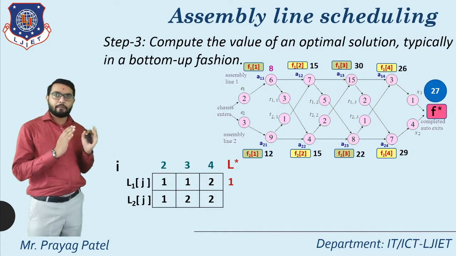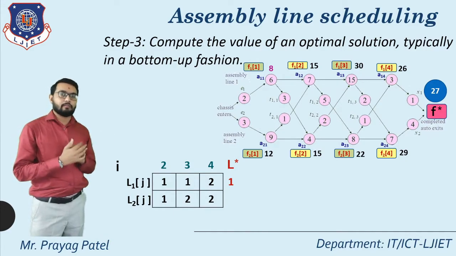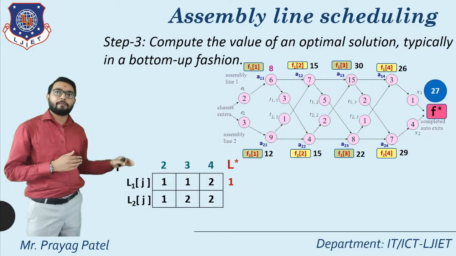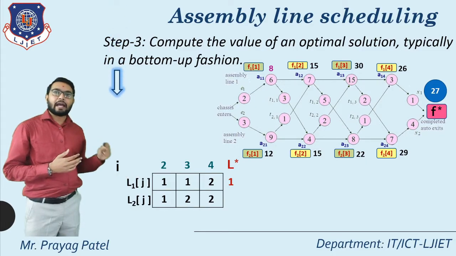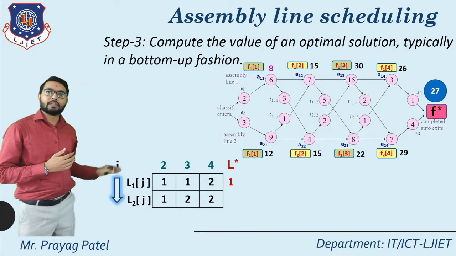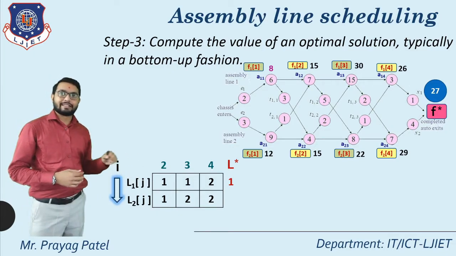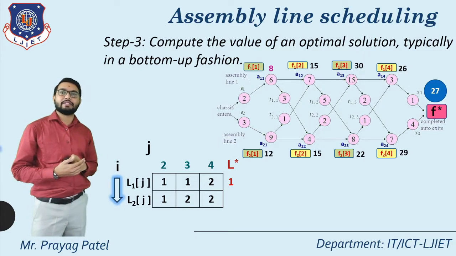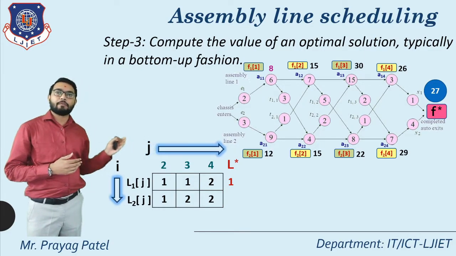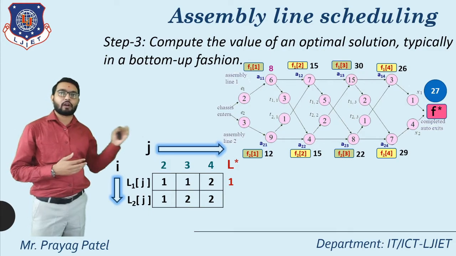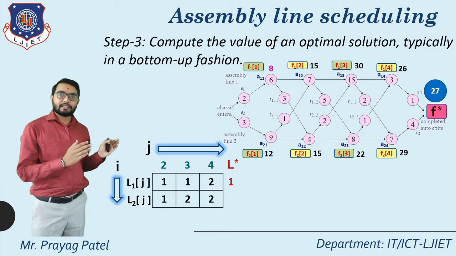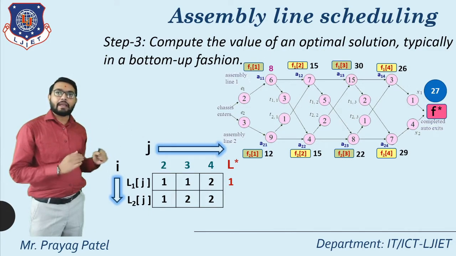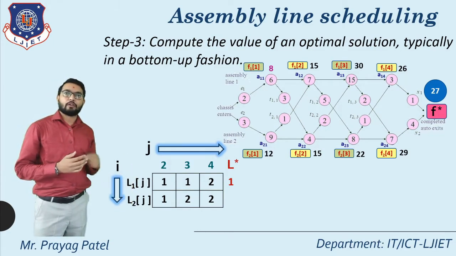Now what is the value of I and what is the value of J? Here consider the number of lines as the value of I. So here I equal to 1 or 2, means here consider number of rows as I and number of columns as J. So here J equal to 2, 3, 4 like this. So in this table L, value of I equal to 1 and 2. 1 means first row, 2 means second row.